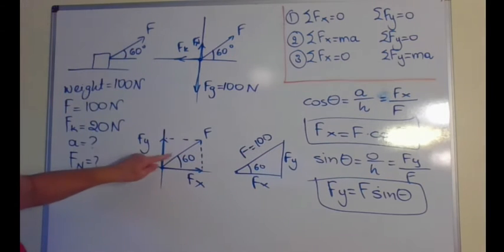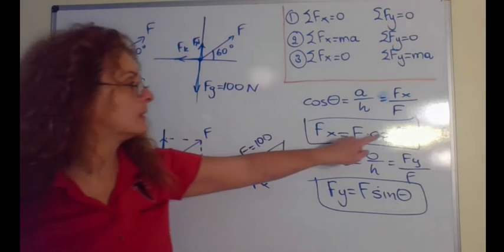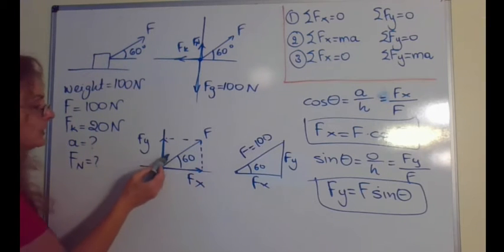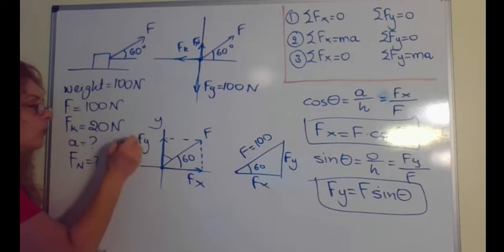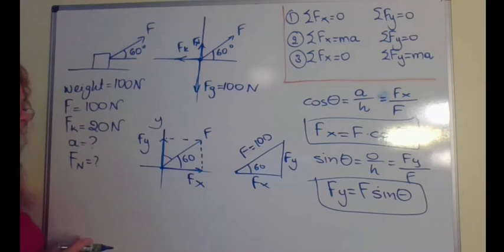Well, if we know the angle with the horizontal, the x-axis, then the Fx gets the cosine and the Fy gets the sine. If instead I was given the angle with the y-axis, then the Fy would get the cosine and the Fx would get the sine. So let's move on. We do know how to find it.